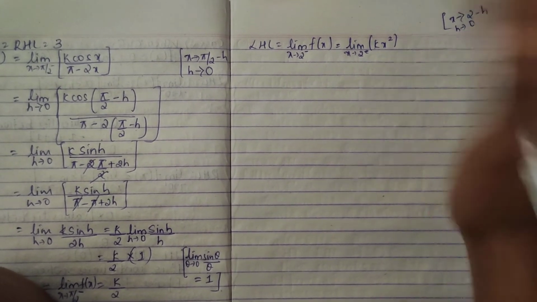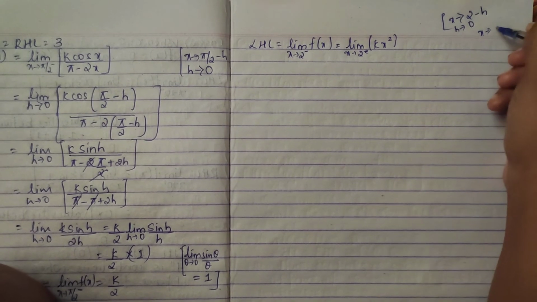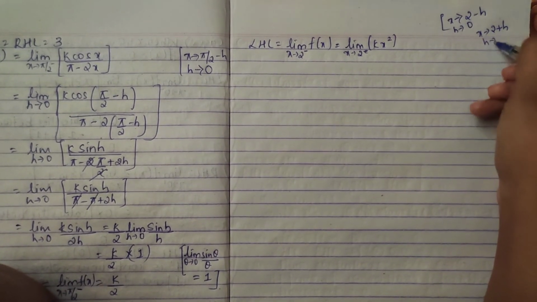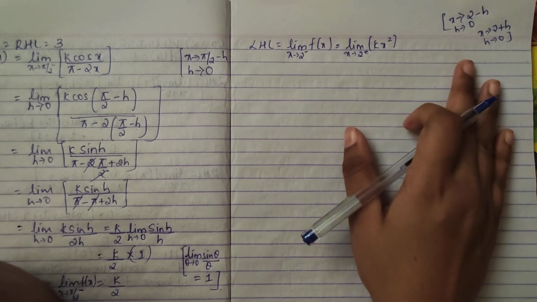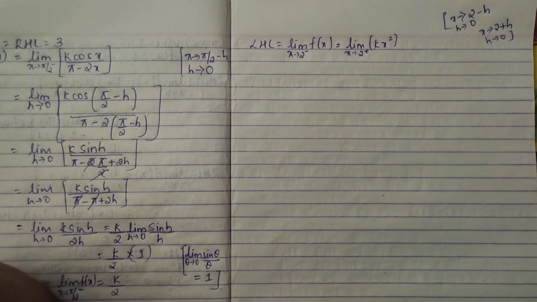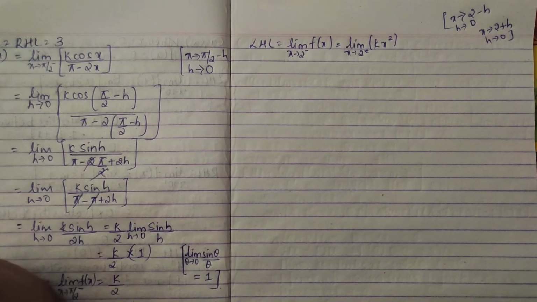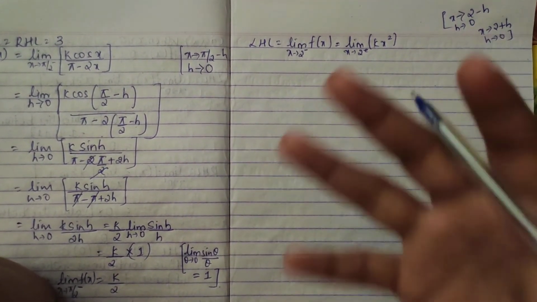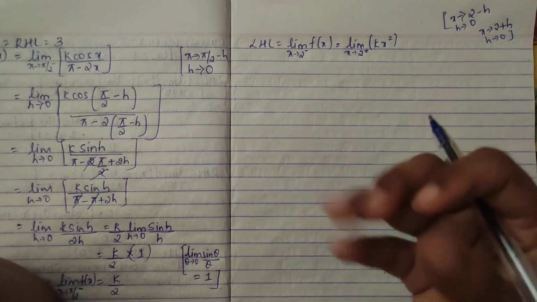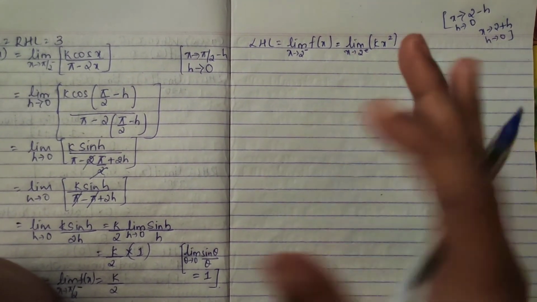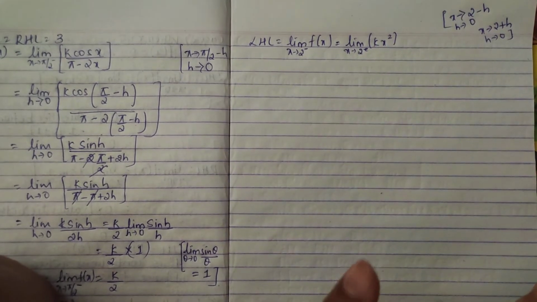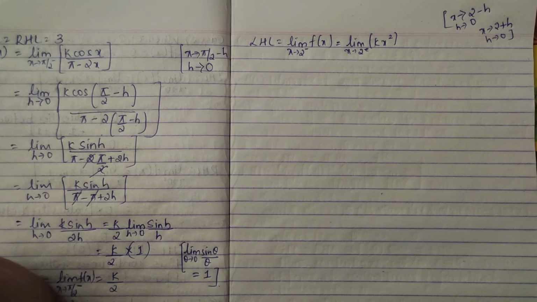If for the right hand side they tell 2 plus, it will be 2 plus h, same as h tends to 0. In standard questions like trigonometric ones, if you have cos x, sin x and pi by 2, pi, just use it like this, or else you can go directly as I have shown you.